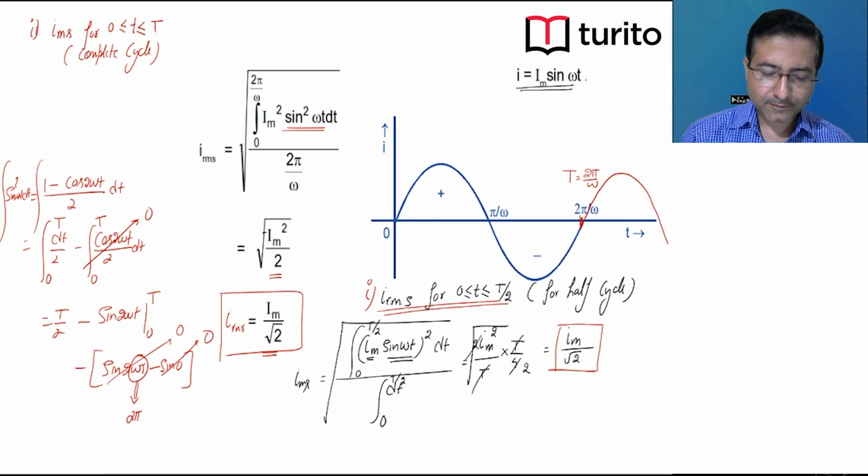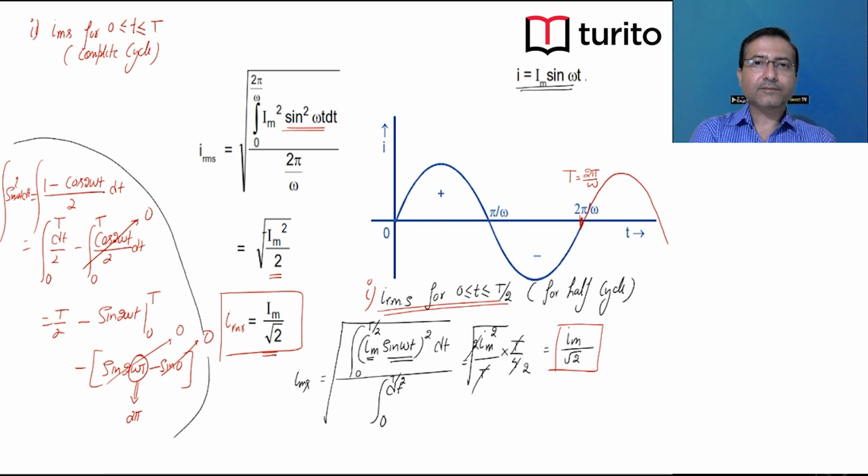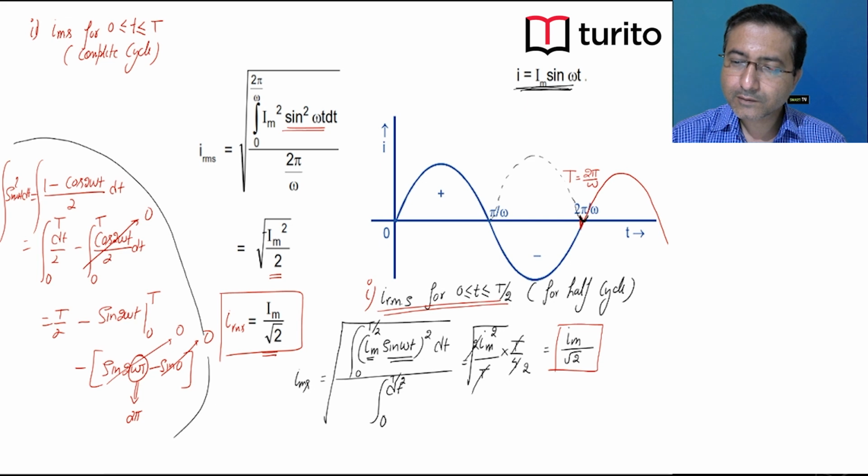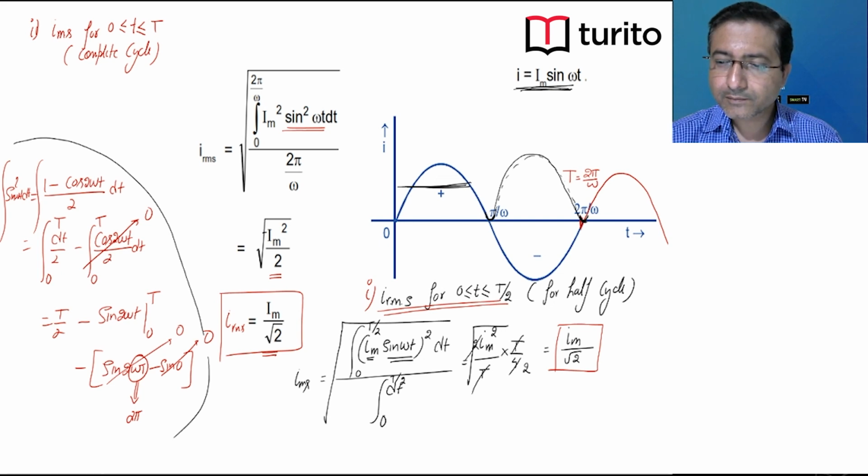I hope this part is clear. Look at what is happening. If you are squaring this term, then this part of the graph comes up, so the graph will look something like this after squaring. So whether you take a half cycle or both half cycles, the average value will remain the same.